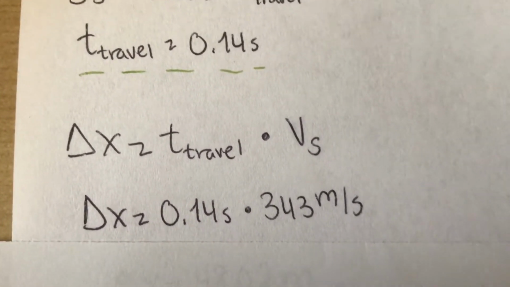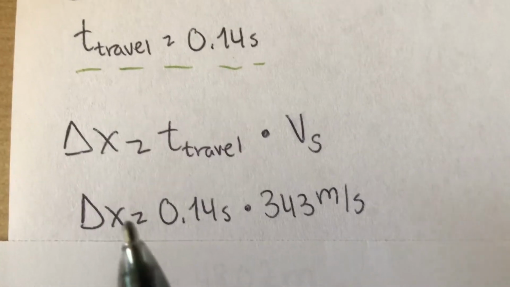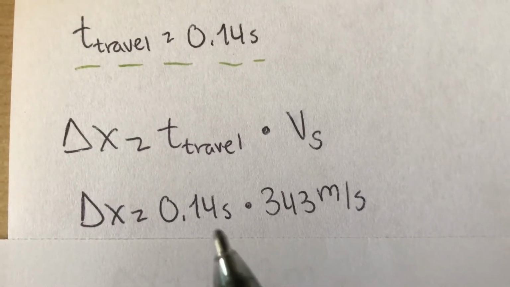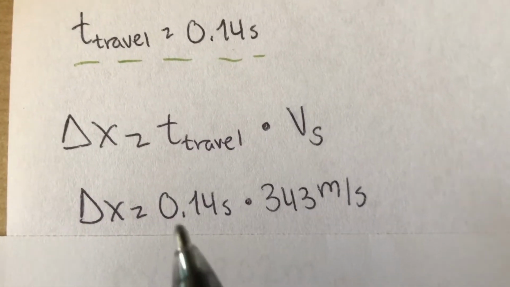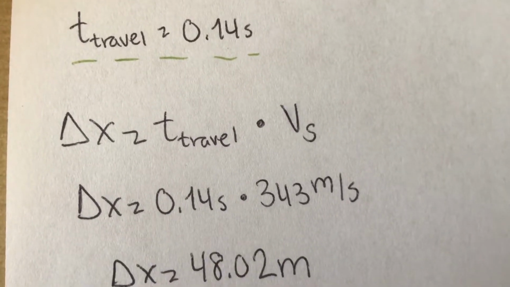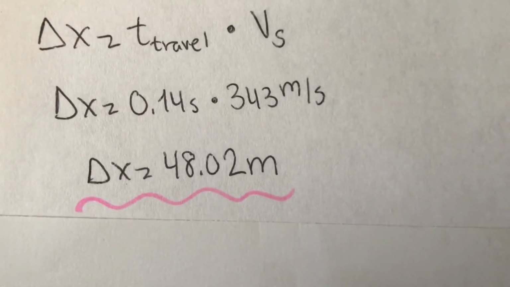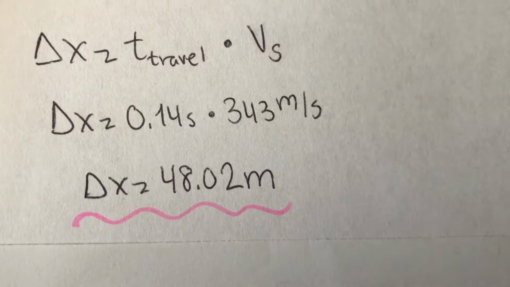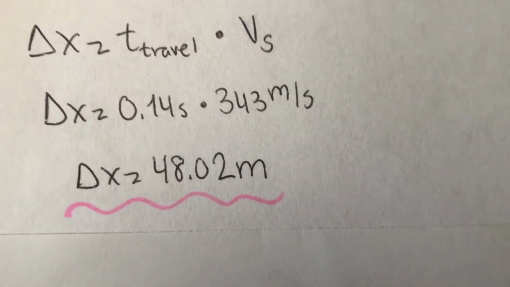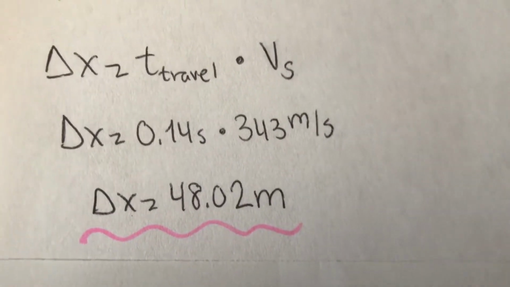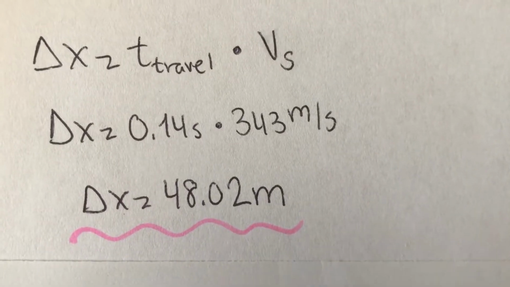We just use the d equals rt, or distance equals speed times time formula, and we get that the hypotenuse of a right triangle, or the distance that sound travels back up to the spectator, is 48.02 meters. And now, let me just fix the papers.